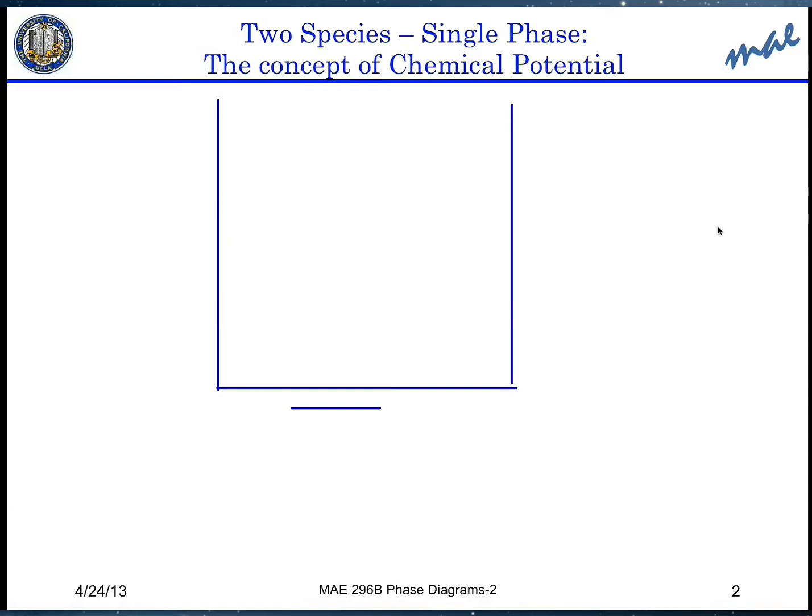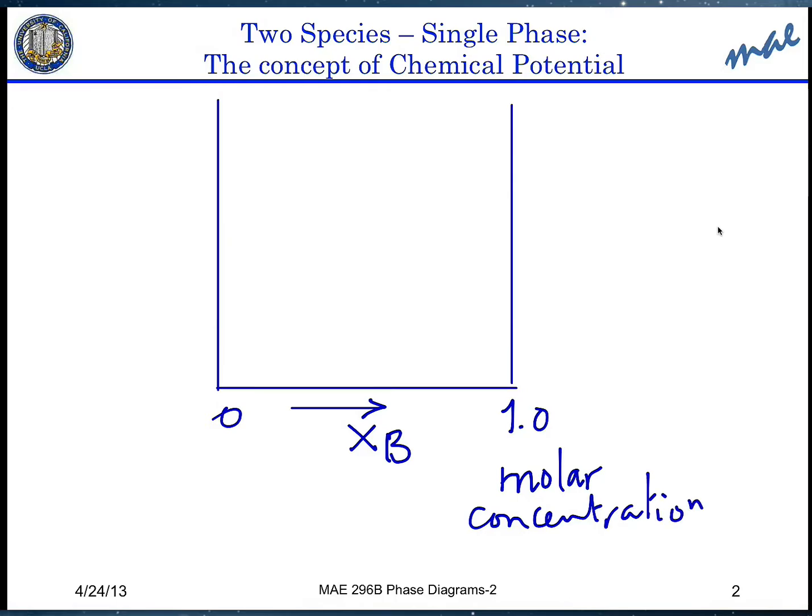This axis here would be x sub B, from 0 to 1 as a concentration. This is molar concentration, very important. Then the graph is going to be the value of G as a function of this.